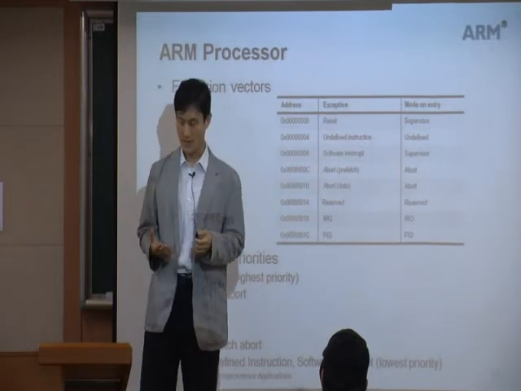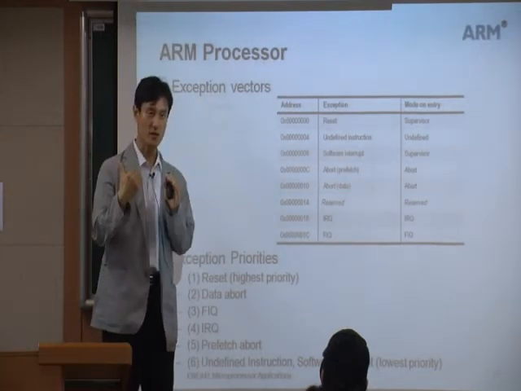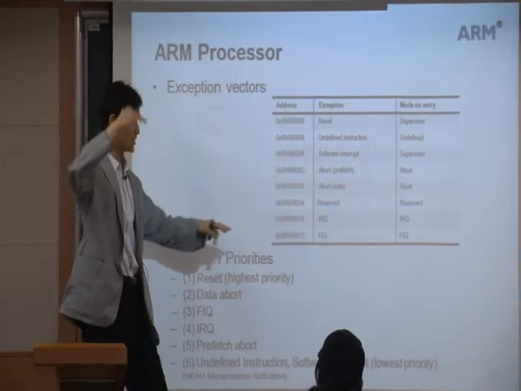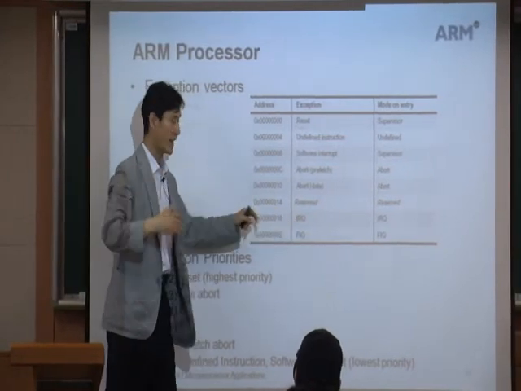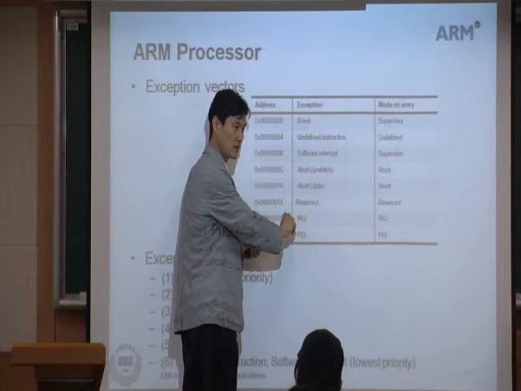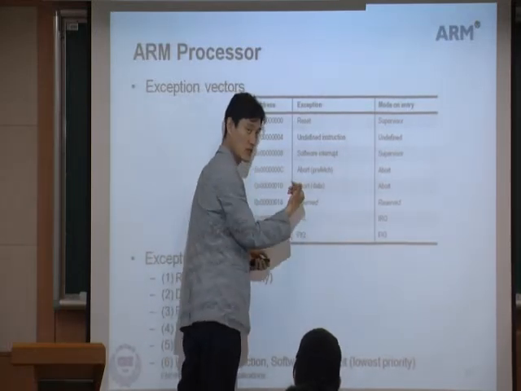Generally, as we discussed with interrupts, when you get an interrupt, you jump to the interrupt vector, which is something like this, right? And inside the interrupt vector, what instruction do you have? You have a jump to the interrupt service routine. That's the instruction you have.